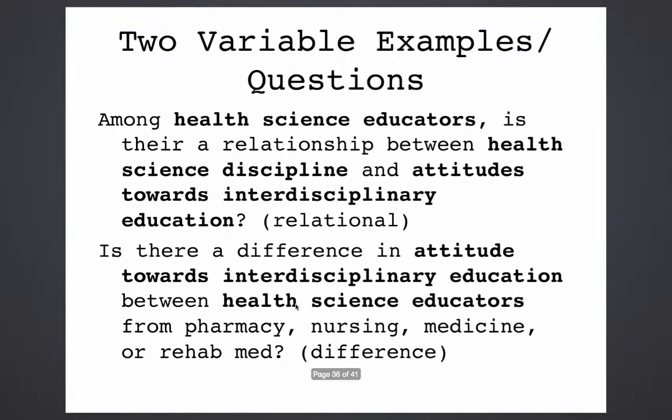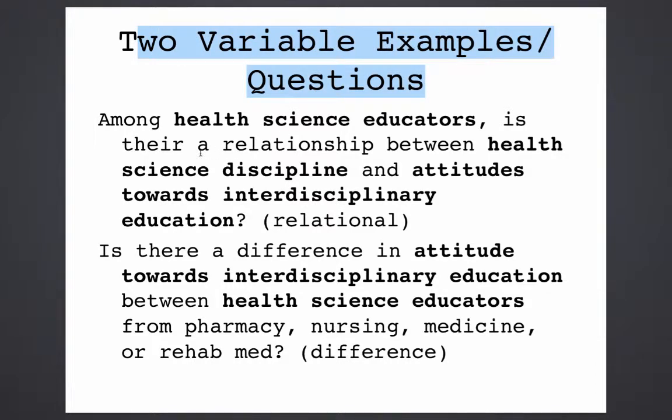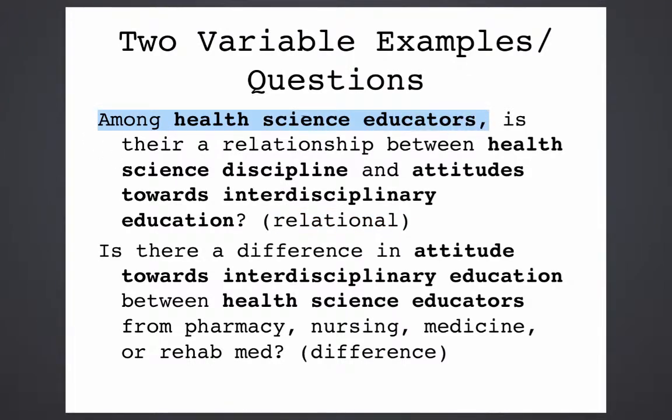So here's an example. This is a two variable example of questions. The first one is written in relational format, and it says, among health science educators, so there's our target population, is there a relationship between health science discipline and attitudes towards interdisciplinary education?